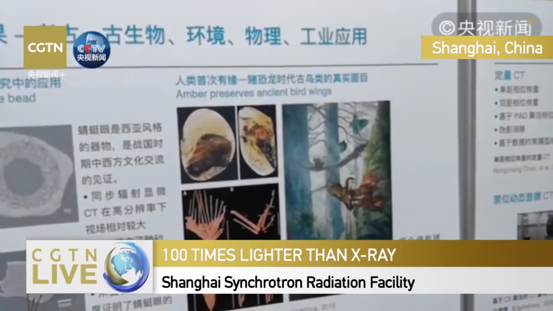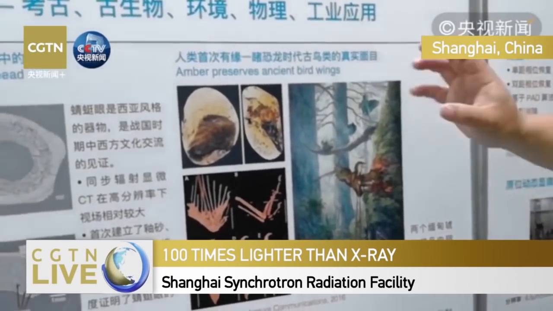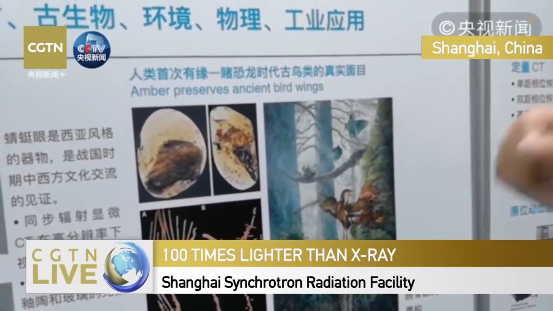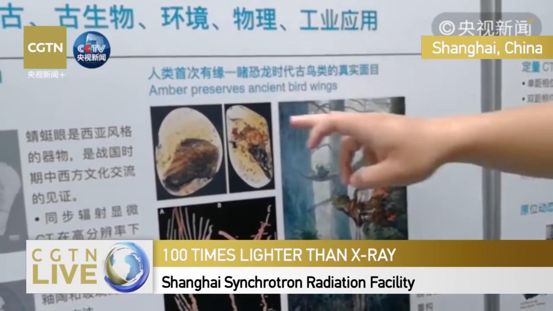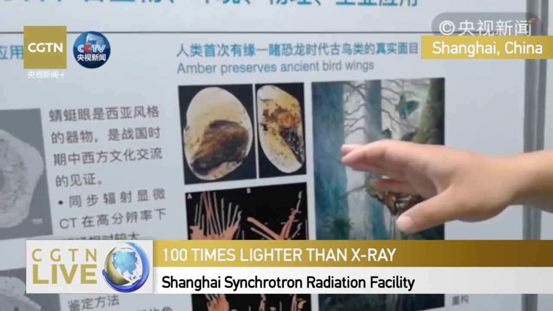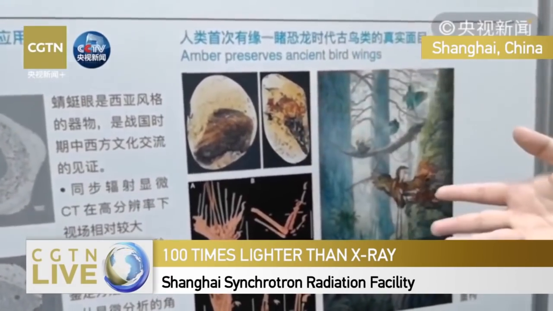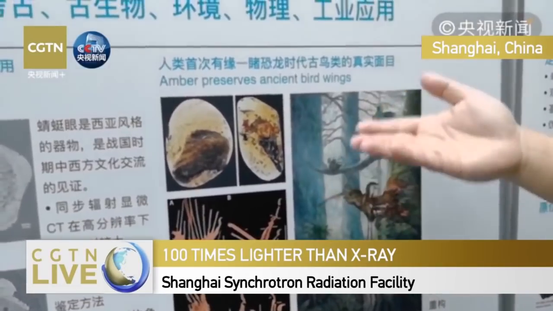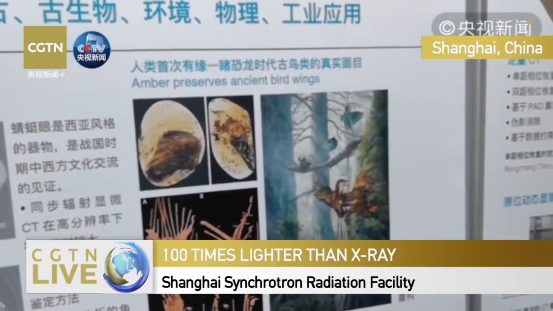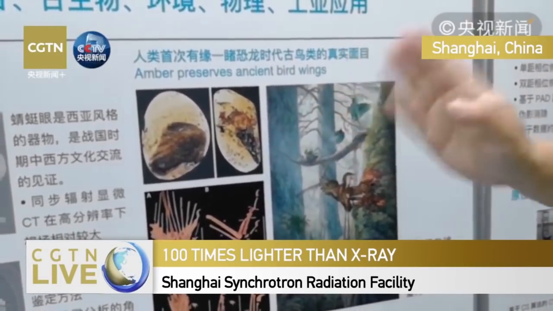And for the first time, we can see images of birds even from the dinosaur age. And the earliest dinosaur was even as small as a fist. And we can discover this kind of fossil. If we cut the fossil, we cannot maintain such a complete image.